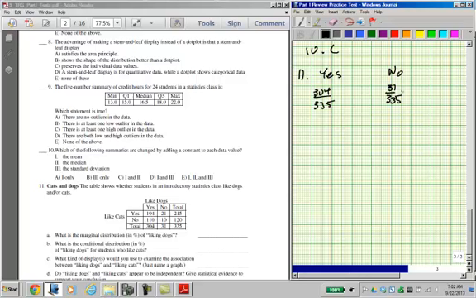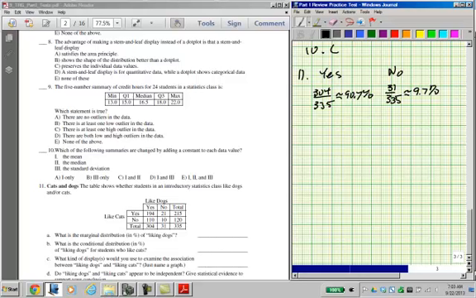And 304 out of 335 is approximately equal to 90.7%. You just do it on your calculator. And 31 out of 335 is, as you would guess, approximately equal to 9.3%. So this is the marginal distribution in percent for liking dogs.